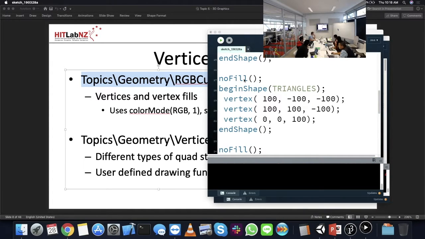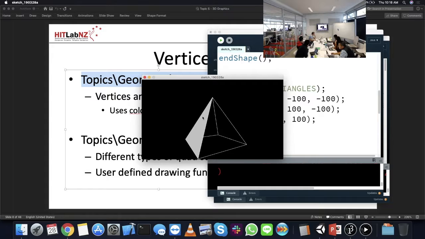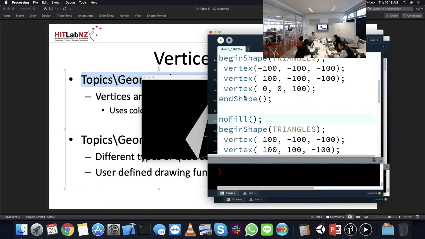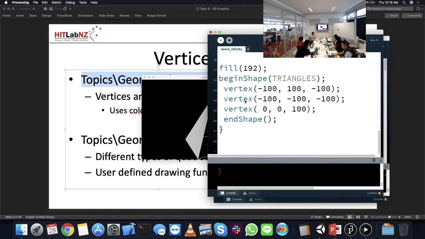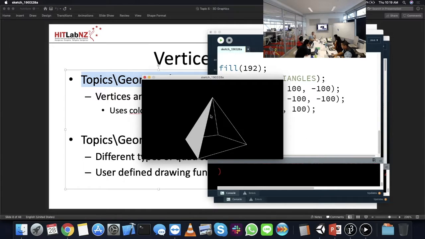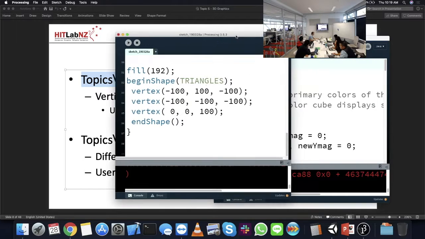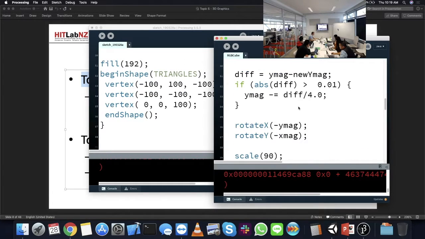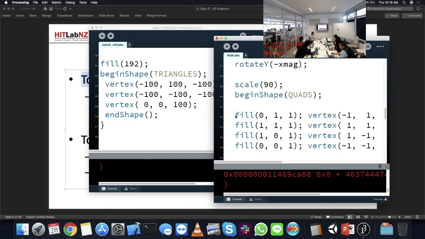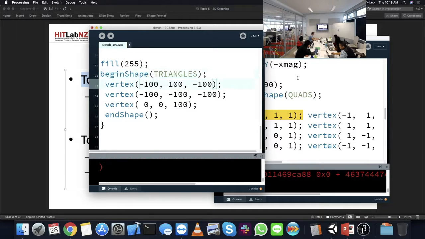So when we are drawing our pyramid like this, we notice we use fill and no fill, and that will allow us to set the color of an entire side. But perhaps we want to do something more than that. We want to set the color per corner. And there's actually a function called fill, which allows us to apply a color to a specific vertex.